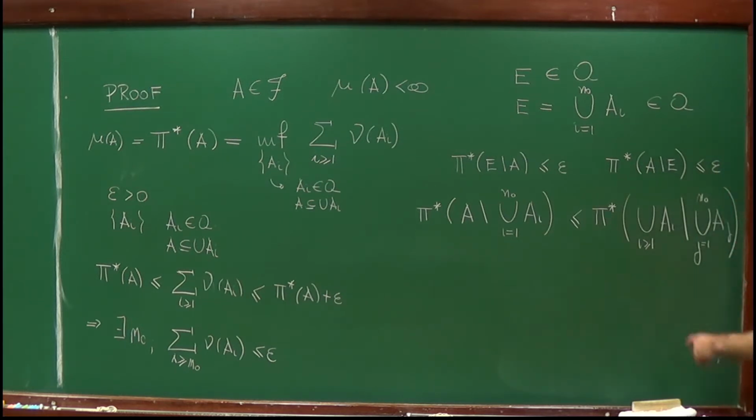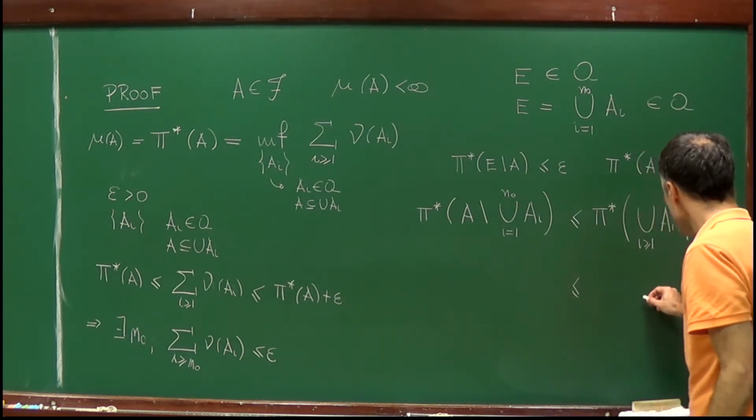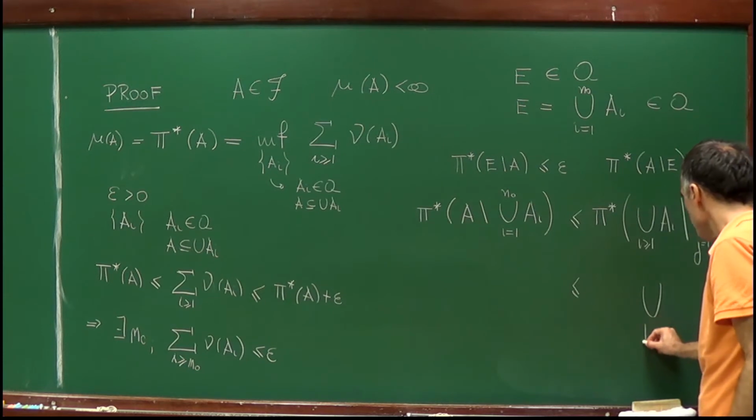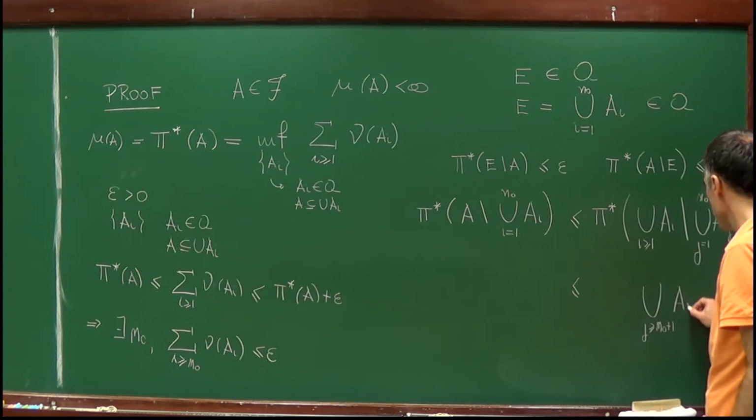Right? So here are the points which belong to the union and which do not belong to the first n0 terms. So this set is certainly contained in the set which is the union from J from n0 plus 1 up to infinity of AJ.